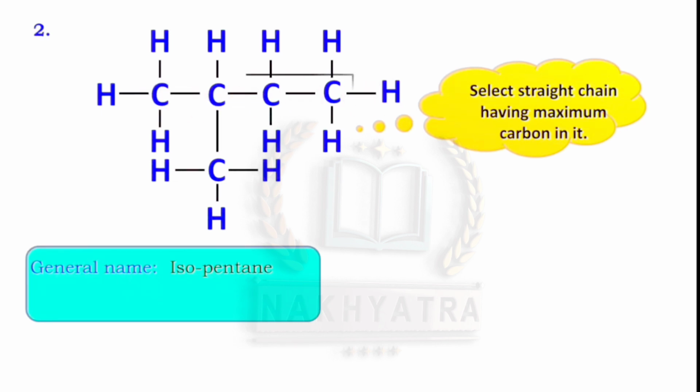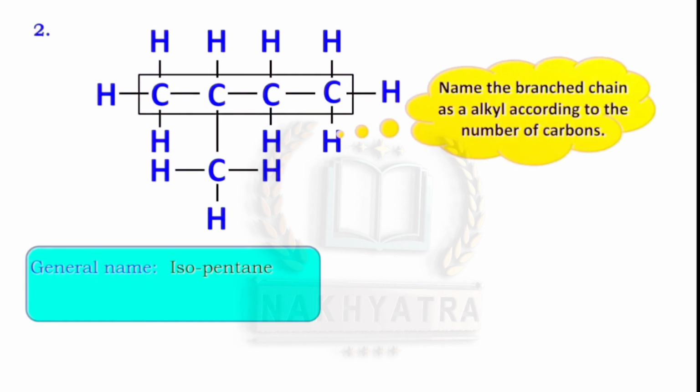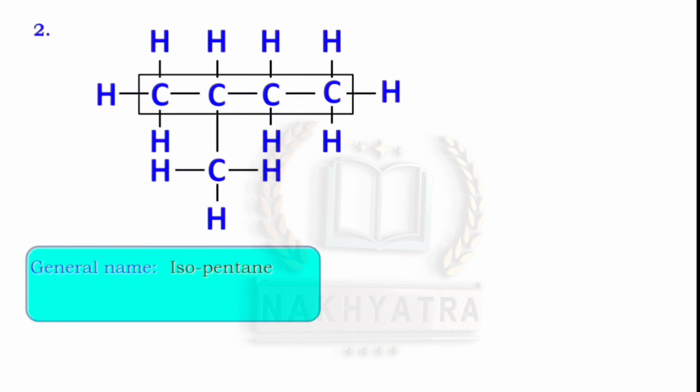This is the chain having the maximum carbon in it. Now name the branch chain as an alkyl according to the number of carbons. So the IUPAC name is methylbutane. Clear everyone? Alright.